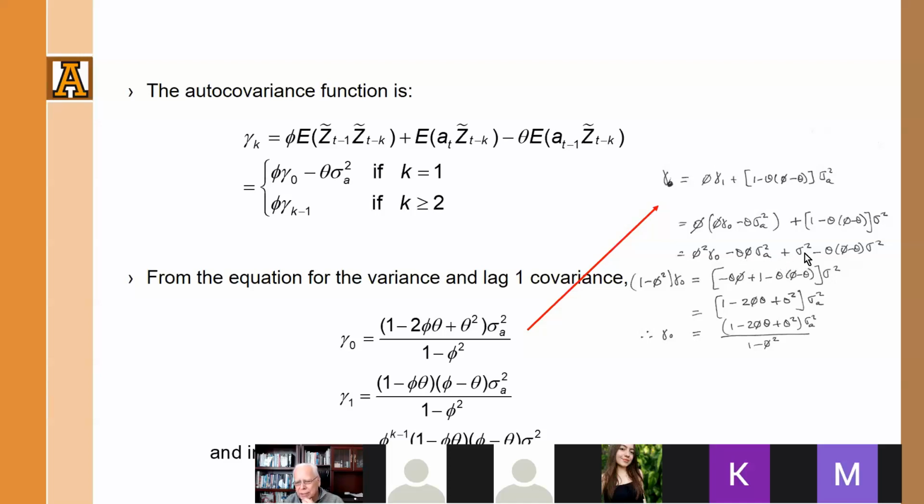All those here are sigma sub a squared, okay? Minus theta phi minus theta sigma squared. So I'm just rewriting the same equation to express gamma 0 in this form, because that will be convenient when we compute the correlations. That's the only reason. Because I'm going to divide the covariances by gamma 0 to compute the autocorrelations.